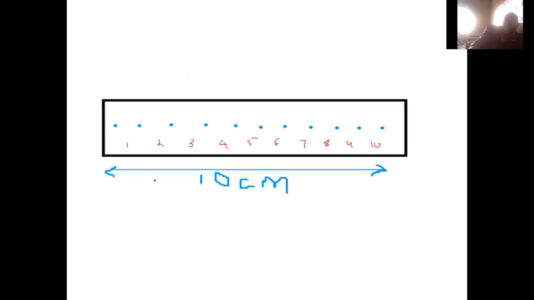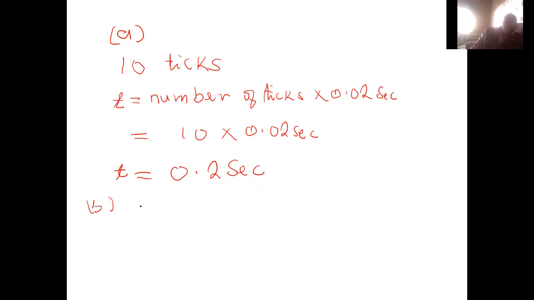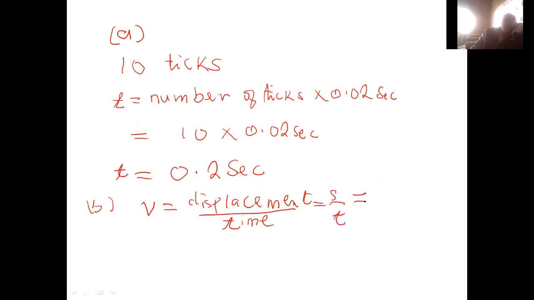So the average velocity is found by velocity is equal to displacement divided by time, which is equal to displacement over time, which is equal to 10 centimeters, as we saw, divided by 0.2 seconds.